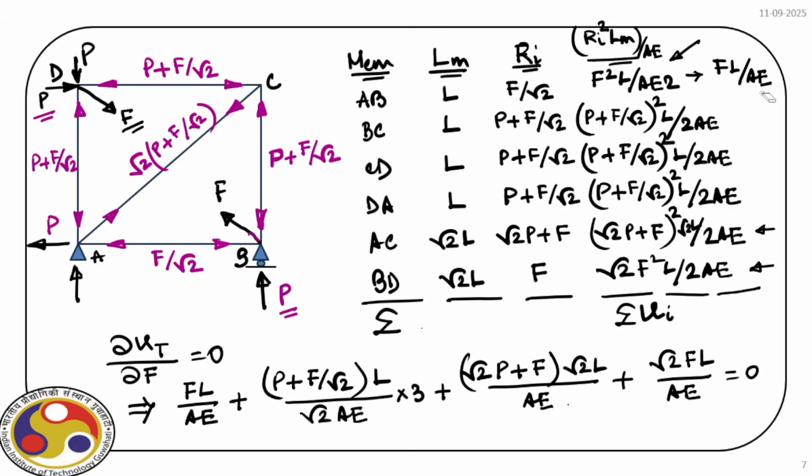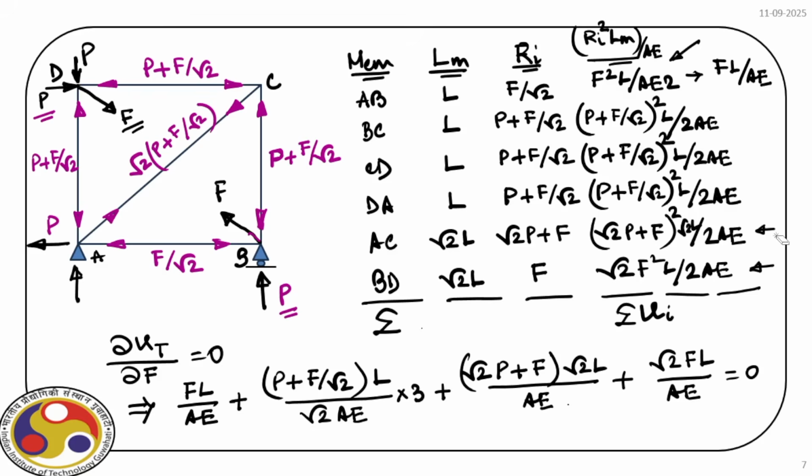For the second one, we have P plus F by root 2 whole square times L divided by twice AE. So if we differentiate this expression, what we have is P plus F by root 2 times L, and then F by root 2 we have to differentiate with respect to F, so that's why we have root 2 here, right? And there are three members, so we have 3 here.